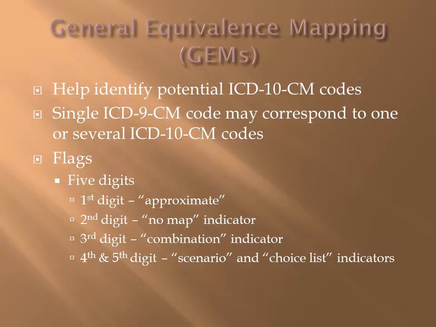Fourth and fifth digits are scenario and choice list indicators. If a 1 is in the fourth flag position, it's the first combination. If a 2 or 3, that will equal other combinations that may be used. The choice indicator provides information regarding each combination of codes that can be used.